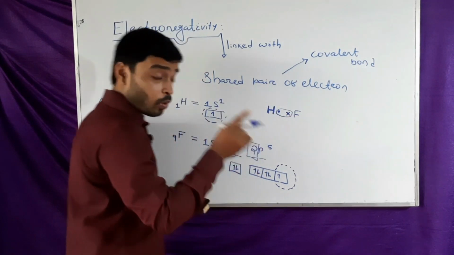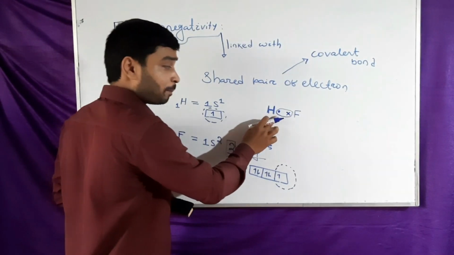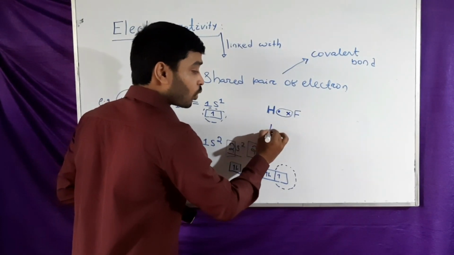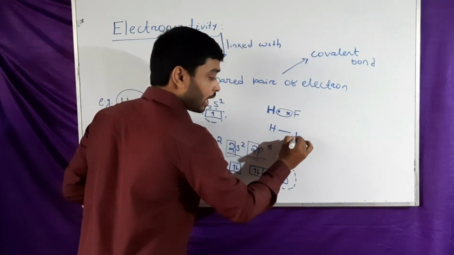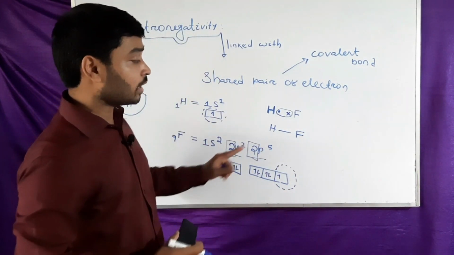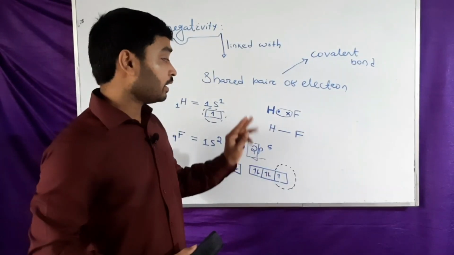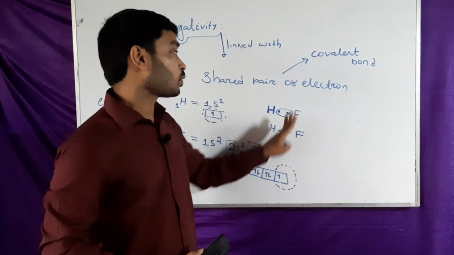So in HF, one shared pair of electrons is present. This shared pair develops the covalent bond between hydrogen and fluorine, a single covalent bond, that is a sigma bond.